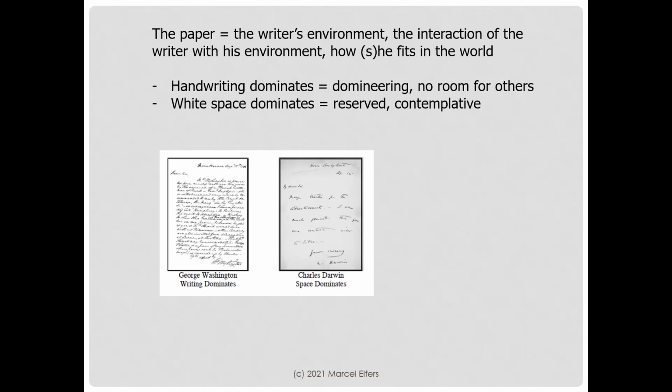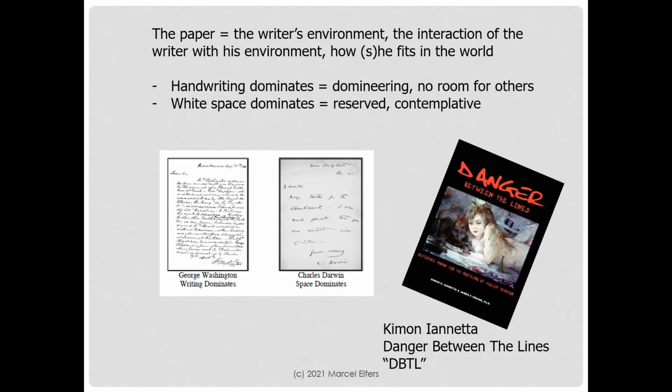And Darwin was a more reserved, quiet, introspective individual, more contemplative. And so he sees himself not as part of that environment or does not want to interact much. These two samples came from the book Danger Between the Lines by Kimon Ayaneda, my mentor and friend.